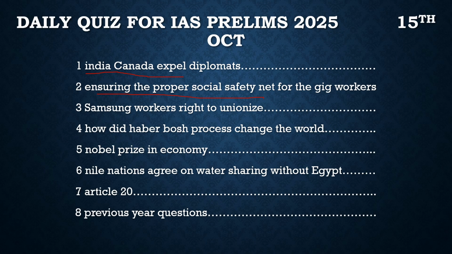And there would also be a model of welfare board, in which all the gig workers would be registered, so that welfare would be provided to them as much as possible. And everyone would be allowed to register themselves with the e-Shram portal. So these are a few things which the government is trying to do.